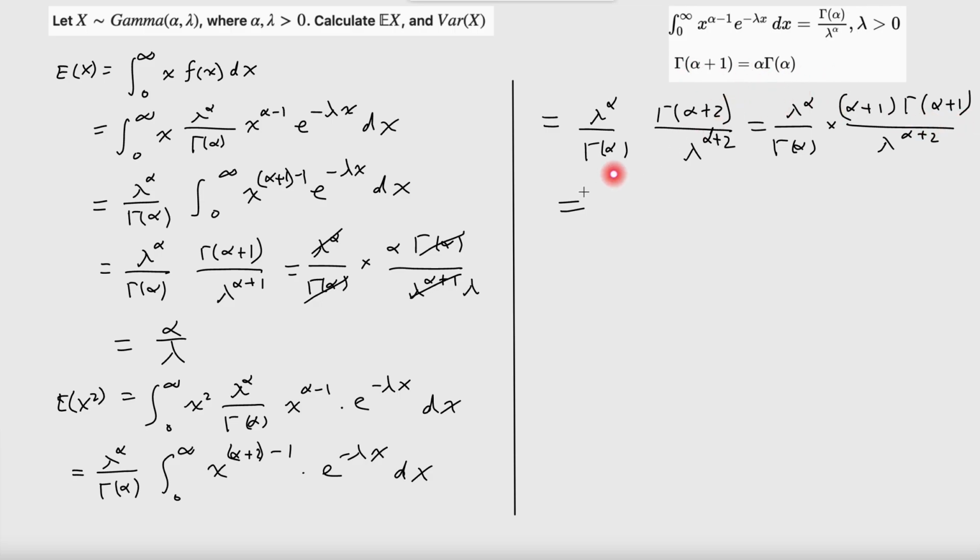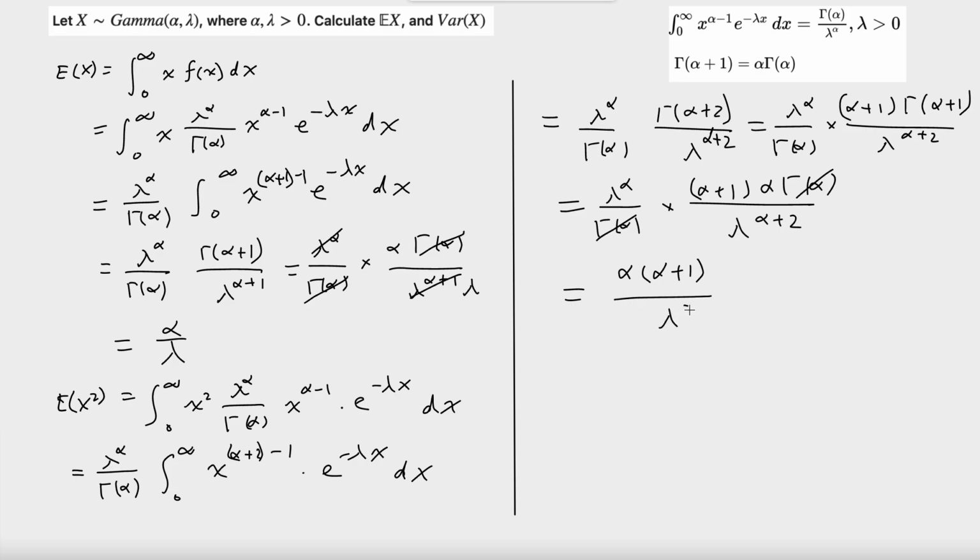This is going to be equal to lambda to the alpha divided by gamma alpha, times alpha plus 1 times alpha gamma alpha, divided by lambda to the alpha plus 2. So this is the entire thing. After some cancellations, this is equal to alpha times alpha plus 1 divided by lambda squared.